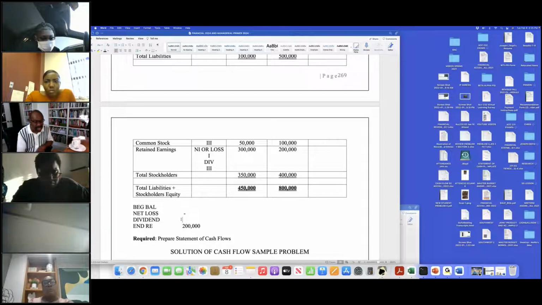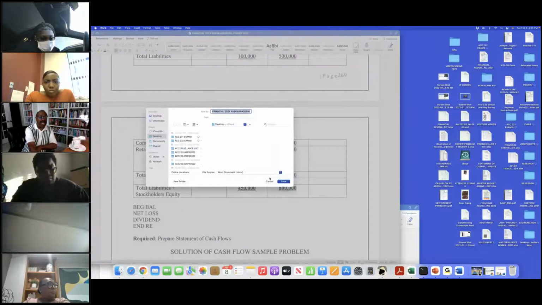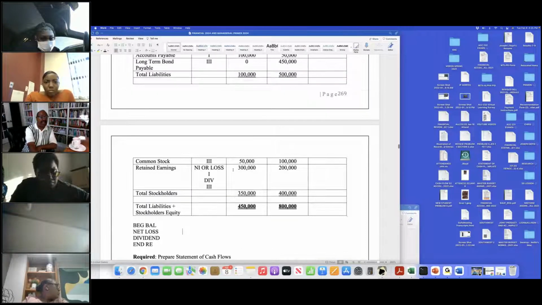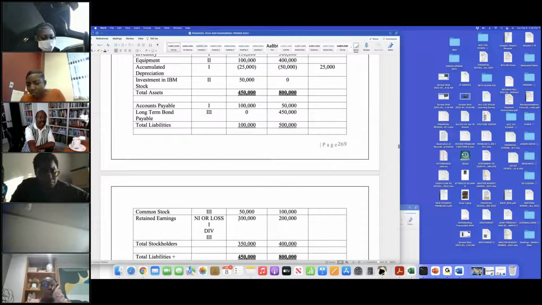And the way we're going to do that is to do a statement of retained earnings. The beginning balance in the statement of retained earnings will be this 300,000. So we have $300,000 in retained earnings. We had a net loss of 75,000.